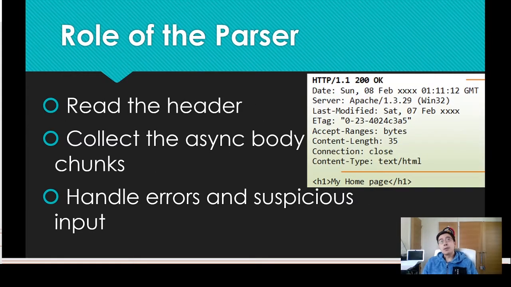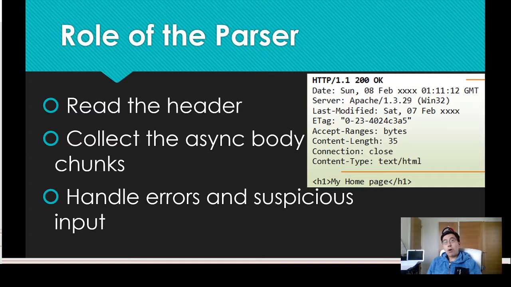So let's talk a little bit more about the role of the parser. You'll recognize from the picture on this slide that there's a header and a body, and they're separated by that long orange line. The header is composed of a number of tuples that provide information about the HTTP request to the server and tells the server, hey, I want you to do this, and the body contains additional information.